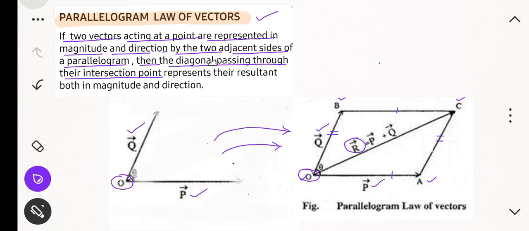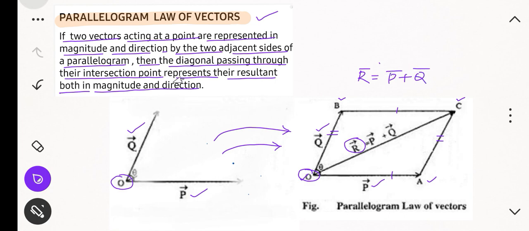So what does the diagonal passing through their intersection point represent? It represents the resultant of these two vectors both in magnitude and direction. So R bar is the resultant, which is denoted by the diagonal, which is equal to the resultant of these two vectors P bar and Q bar.